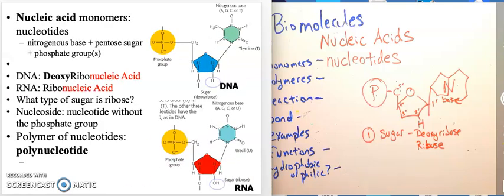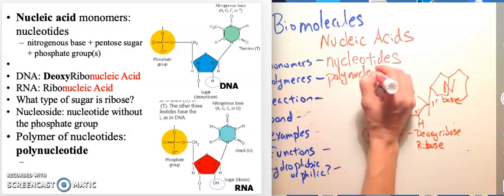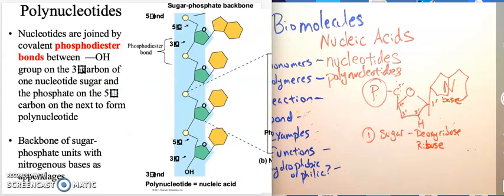Nucleotides are the monomers of nucleic acids. The polymers of nucleic acids are called polynucleotides. The linkage between one nucleotide and another that leads to the formation of a polynucleotide is called a phosphodiester bond. The phosphate group of one nucleotide is joined to the sugar of the next nucleotide. This phosphate group is on the 5' carbon.